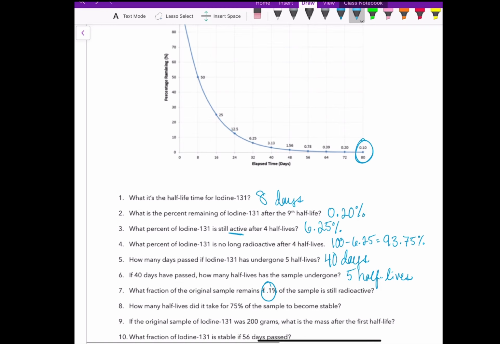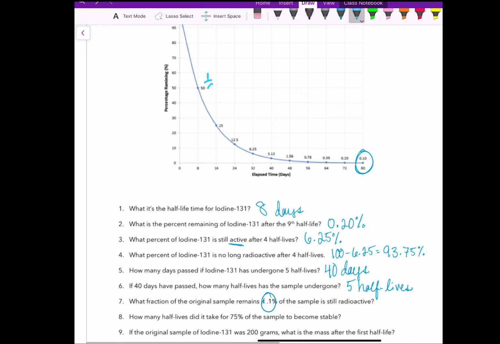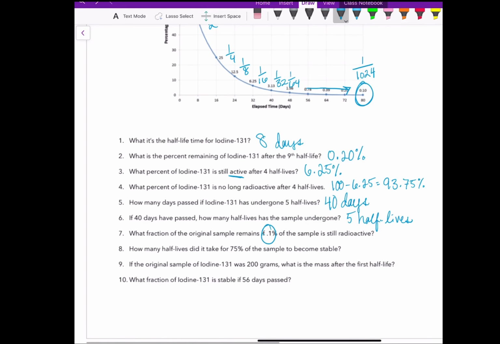Another way to think about it is we could say, well, this is 1/2, so this is 1/4, and this is 1/8, and then 1/16, and 1/32, and 1/64, and so on until we get to this last point, which ends up being 1/1024. So that fraction is still radioactive.